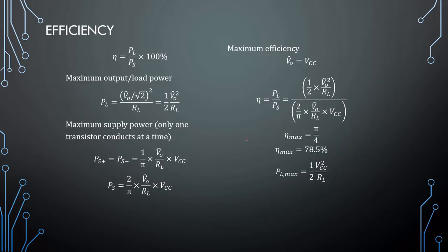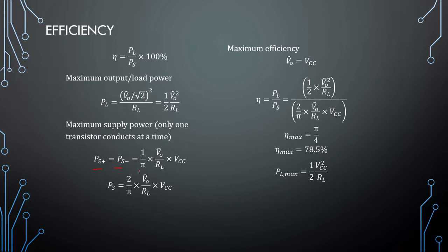Right. So the efficiency: the power transferred to the load is the maximum peak squared divided by the load. Only one source at a time will be doing work, and it will be doing work according to the sine wave that is coming in.